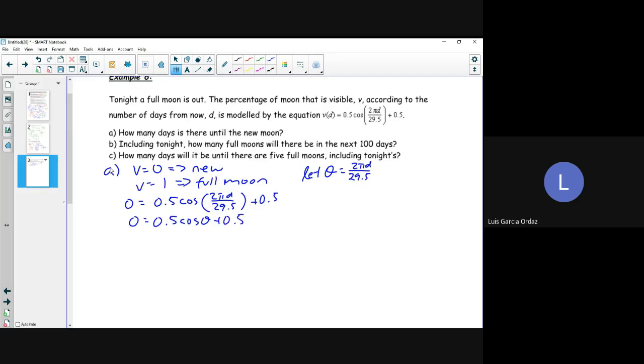So what is our first step to isolating for cos theta? We're going to move the 0.5 over, so it becomes negative 0.5 is equal to 0.5 cos theta. And then all we're doing is dividing both sides by 0.5. So we get cos of theta is equal to negative 1.